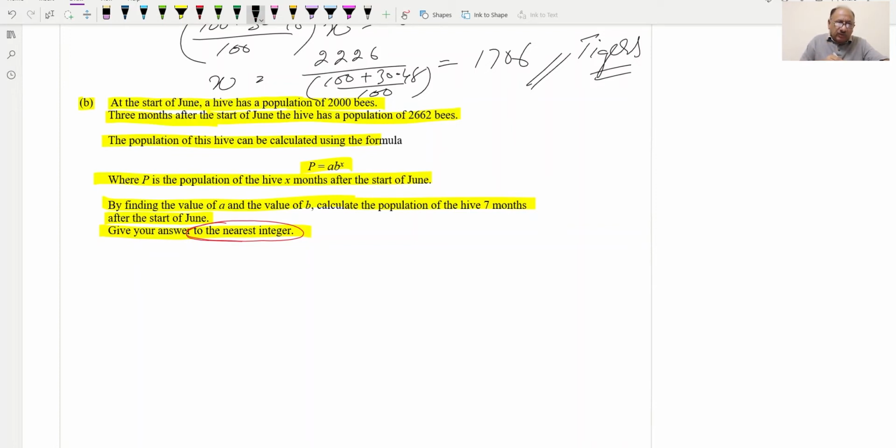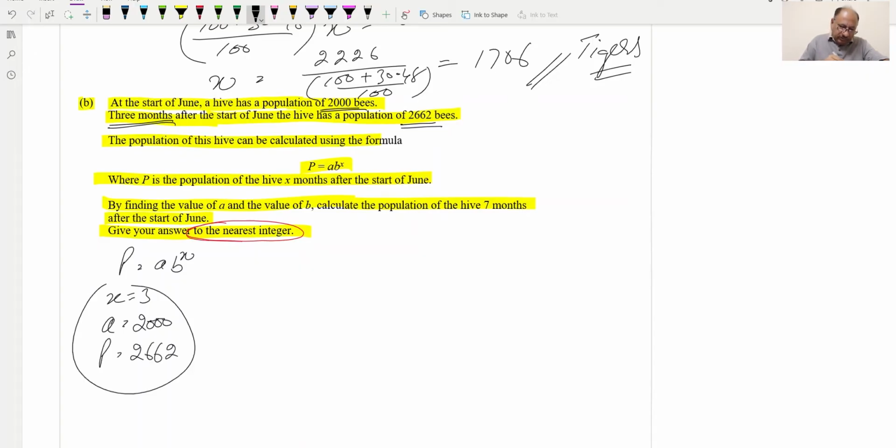So we have the formula, which is P is equal to A times B raised to the power x. Now x is equal to 3, they are saying after 3 months. So x is equal to 3, and A, the initial value, is equal to 2000 bees, and the population P value is equal to 2662.